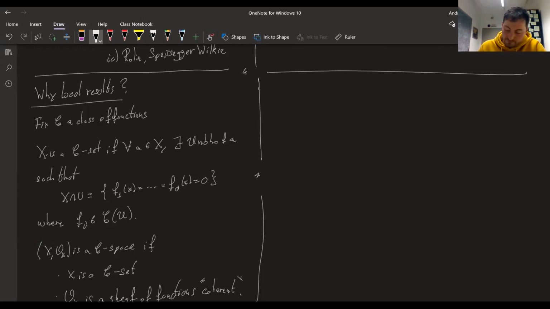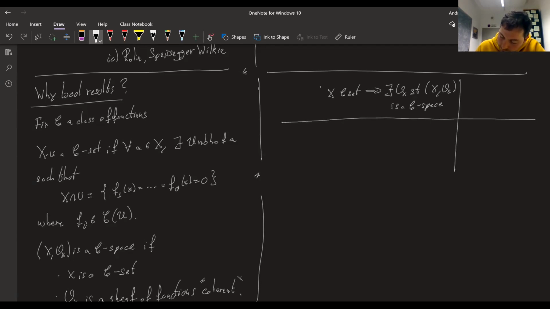Now we have some sort of statement: from C sets, there exists O_X such that (X, O_X) is a C space, and if X is a C set and P is a proper projection, then P of X is a C set.